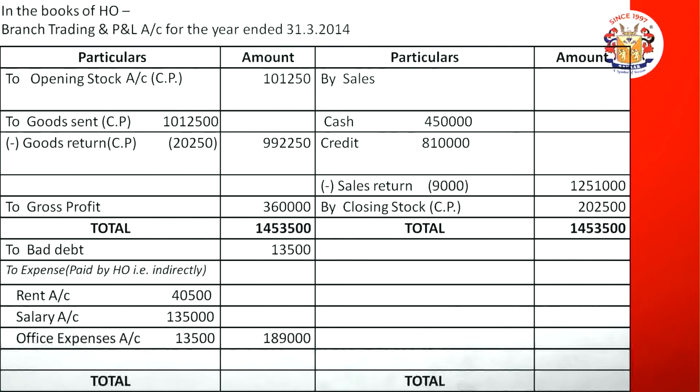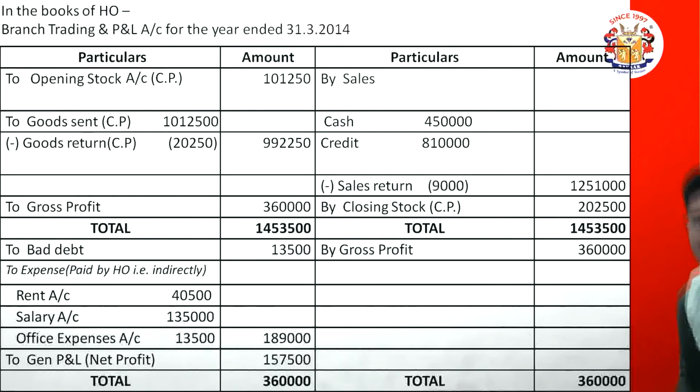Next one, we will get the difference on the debit side of branch trading account, 3,60,000, which is nothing but gross profit made by branch, and this amount will be carried forward in branch P&L account, 3,60,000. Ultimately, we will get the difference on the debit side of branch P&L account, 157,500, and this amount will be transferred to general profit and loss account.